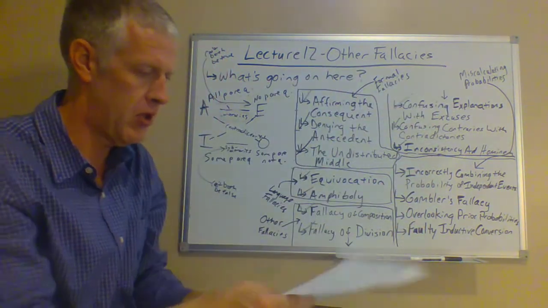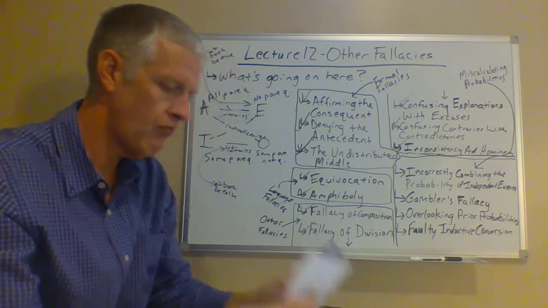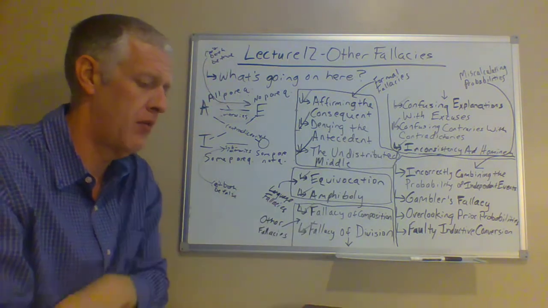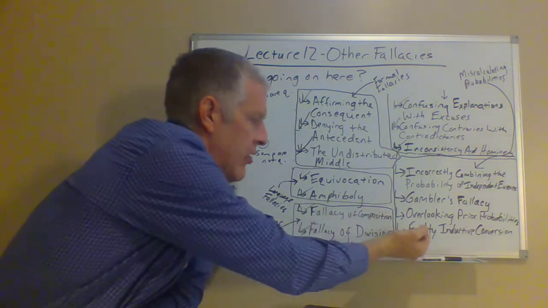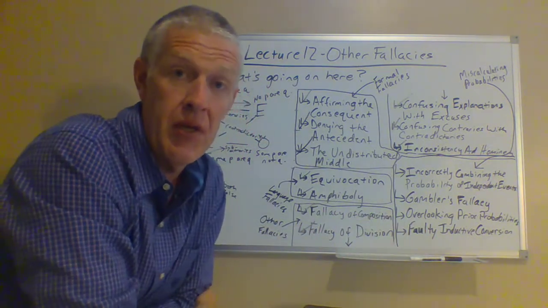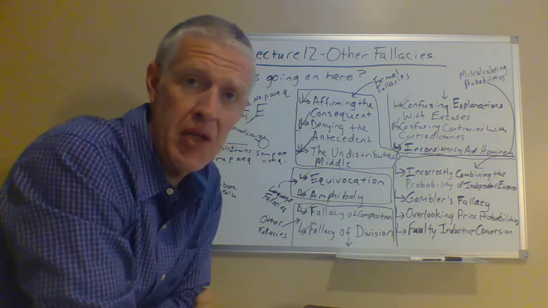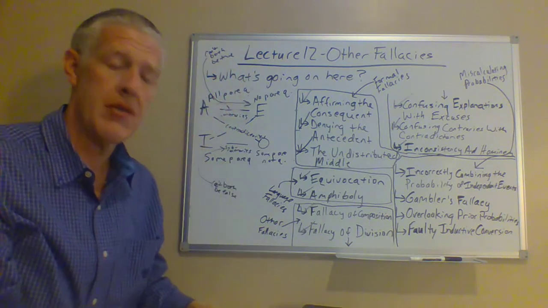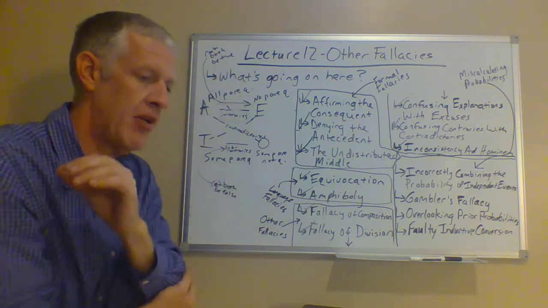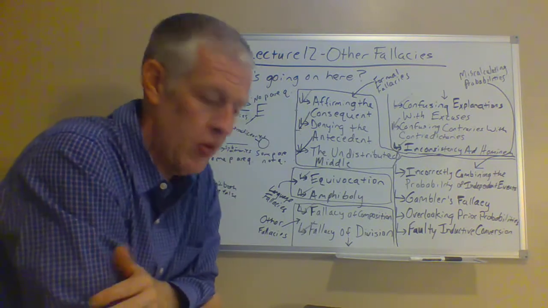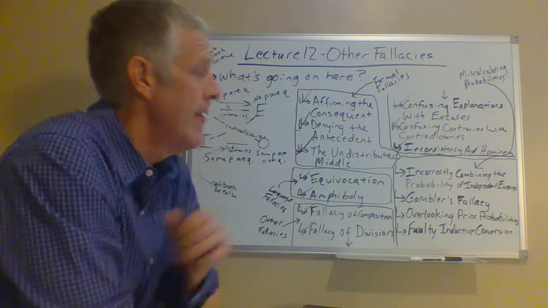Okay? So returning to slide 14, and some of this I would argue, especially the last one here, could arguably have been included in the last lecture, lecture 11, when we talked about induction fallacies. But regardless, they included it here in chapter 8, so we'll throw it in with lecture 12 here in our discussion of other fallacies.